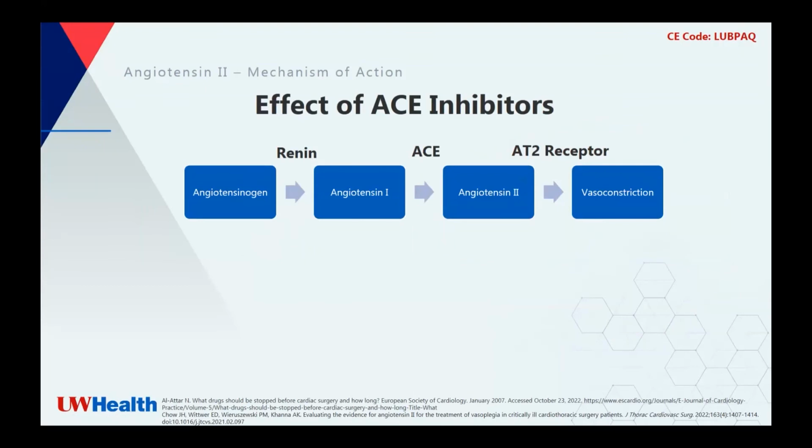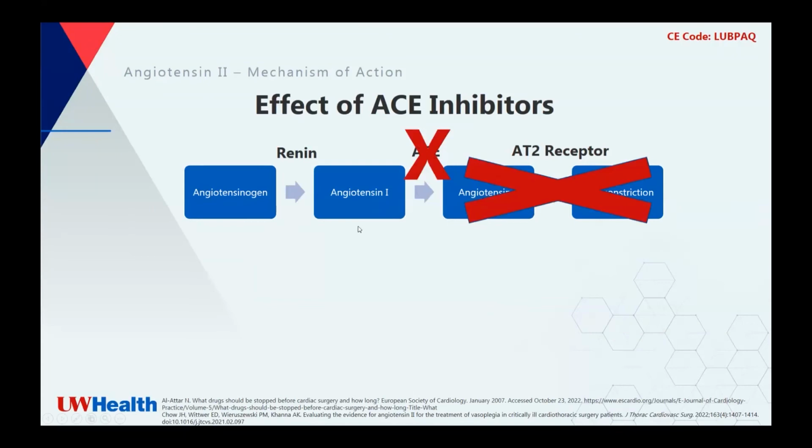To show this, I'll talk briefly about the effect of ACE inhibitors in the setting of cardiac surgery. In addition to cardiopulmonary bypass causing vasodilation, ACE inhibitors can also play a role if they're used close to that operative time. By inhibiting ACE, we inhibit the production of angiotensin II and that vasoconstriction, which we all know.